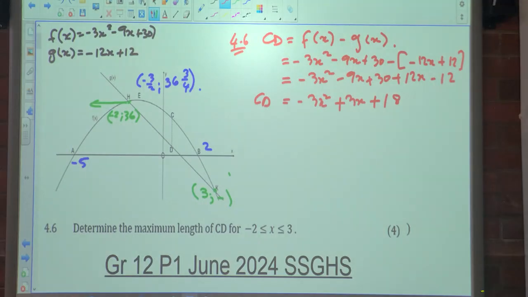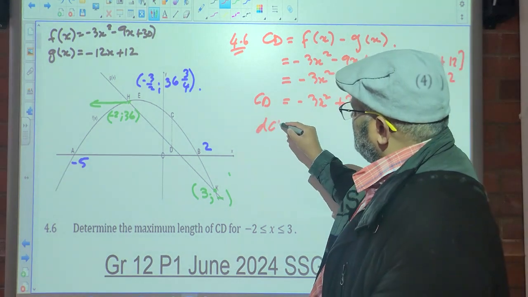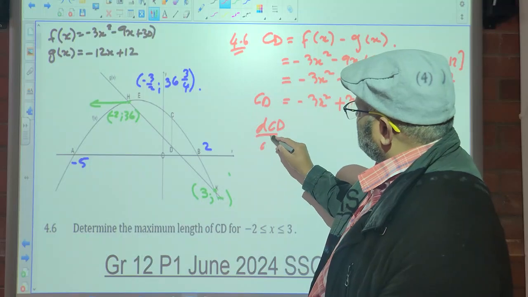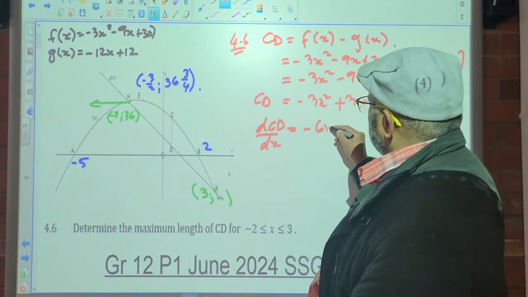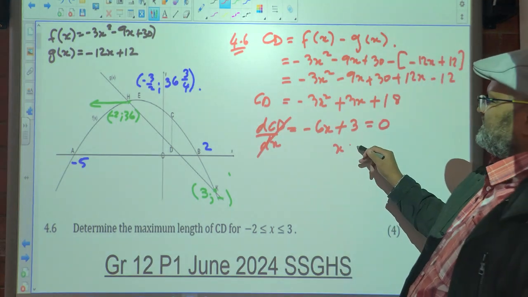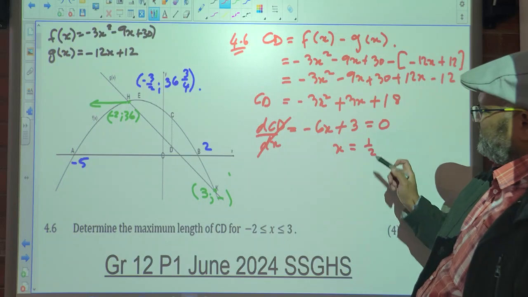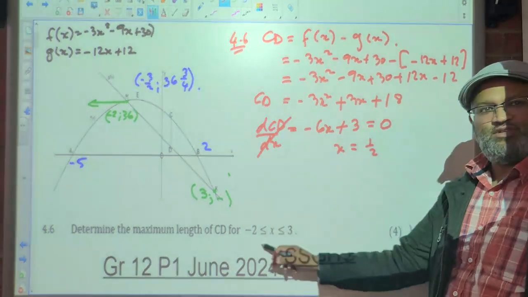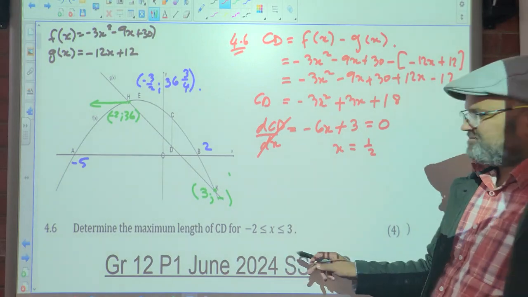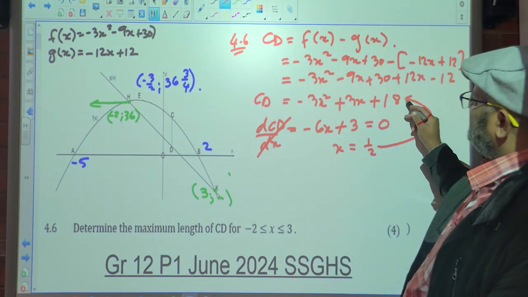Okay. So if we do maximum or minimum, what do we do? First derivative. Set equal to 0 to calculate the value at which x occurs. The derivative of CD with respect to x, so they give you negative 6x plus 3. And I say that equal to 0. So x is equal to half. So what do we do with that? Is half between these two values? Yes. So I can now substitute that into CD.